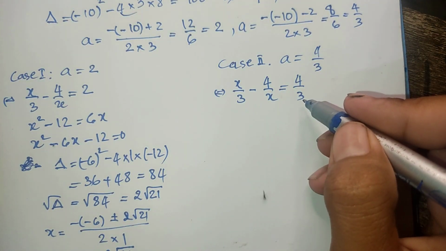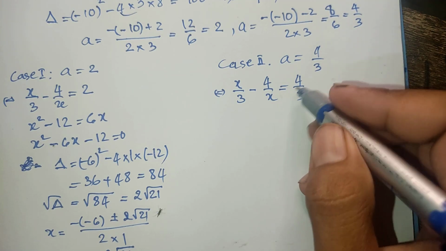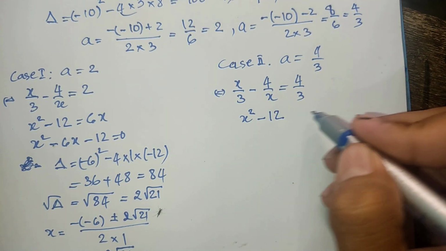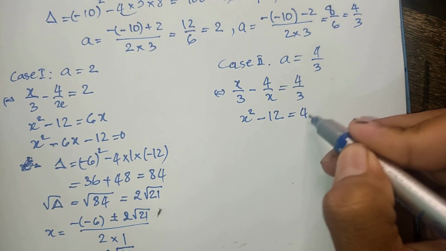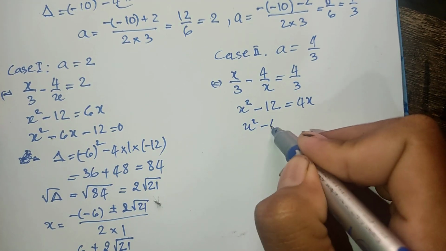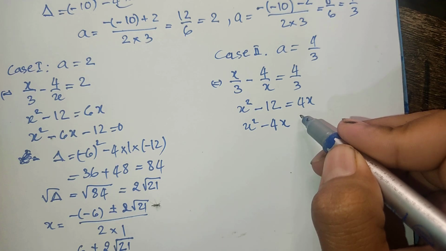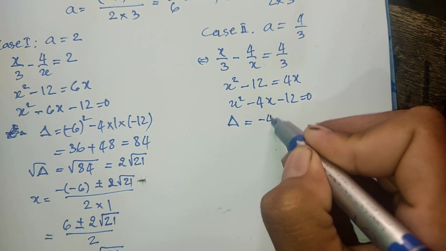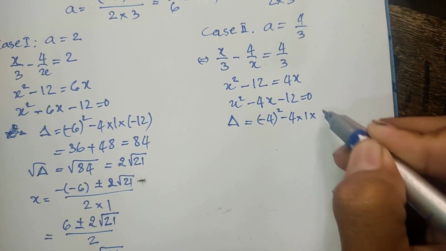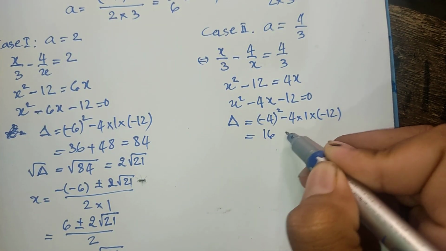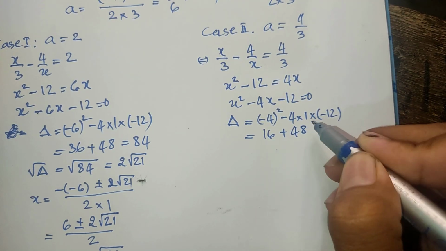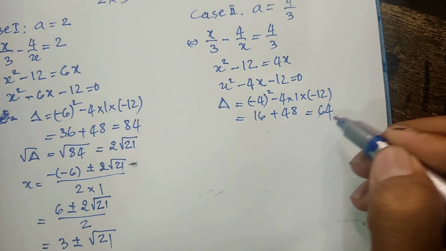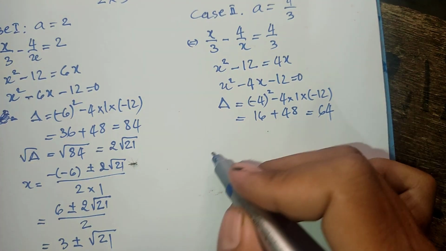Multiplying by the divisor, we get x squared minus 12 equals 4x, so x squared minus 4x minus 12 equals 0. The discriminant is minus 4 all squared minus 4 times 1 times minus 12, which equals 16 plus 48, which equals 64.